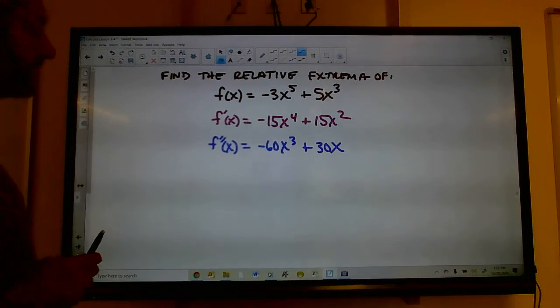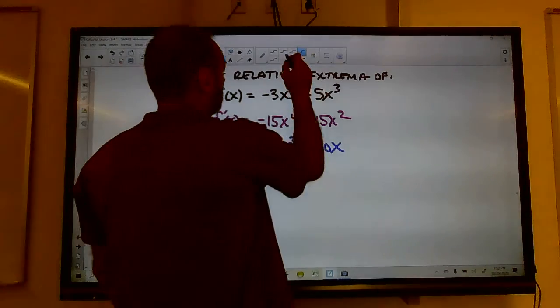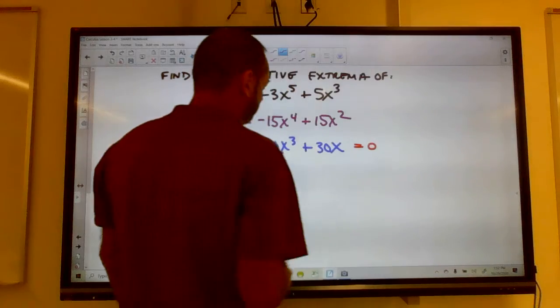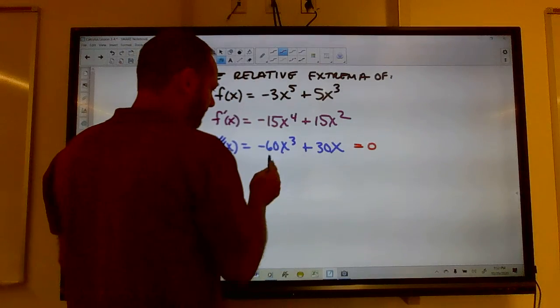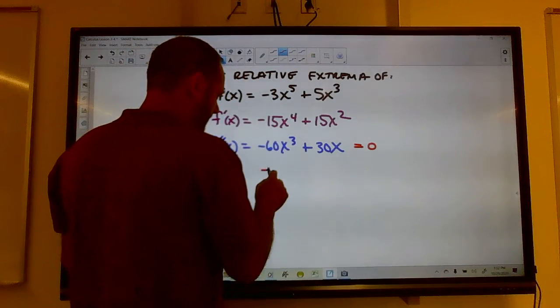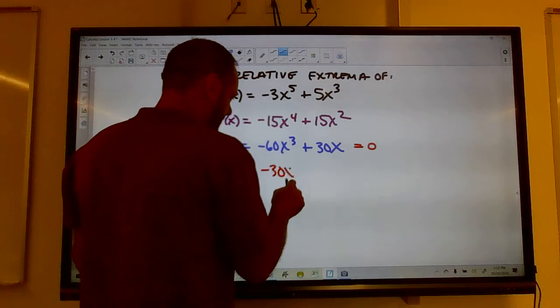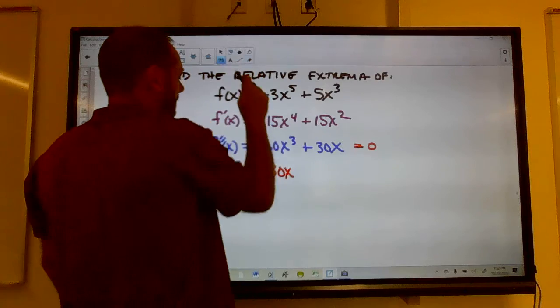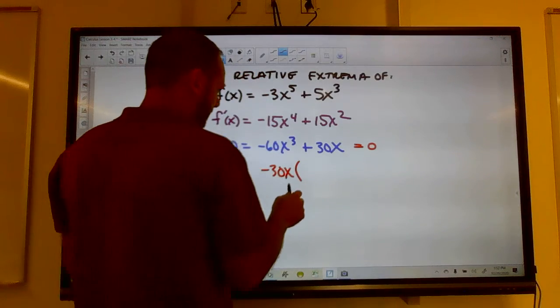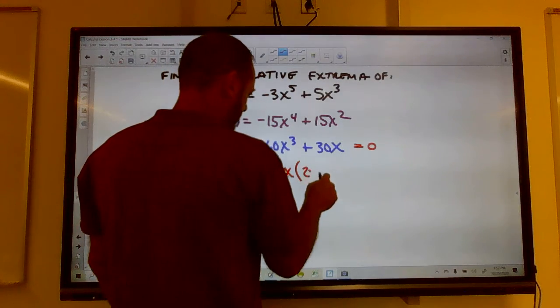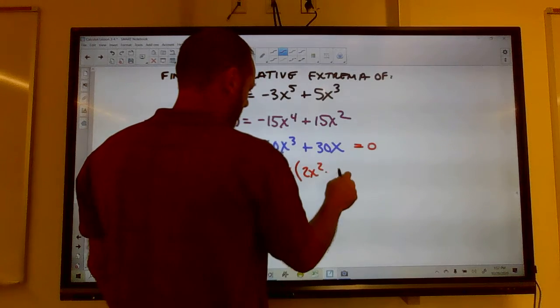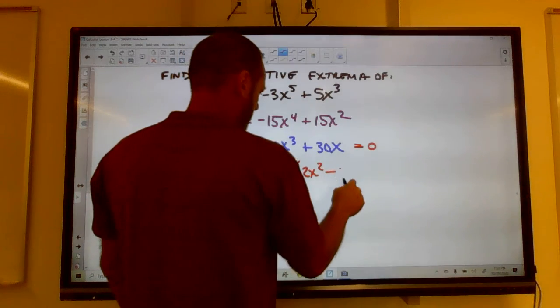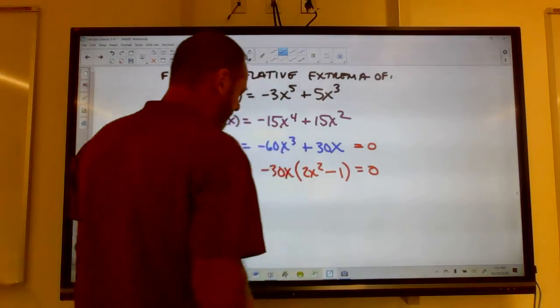So, does this have an inflection point? Yeah, it probably does. So we'll set this equal to 0. I can factor out a negative 30x here, and I'll have positive 2x squared minus 1 equals 0.